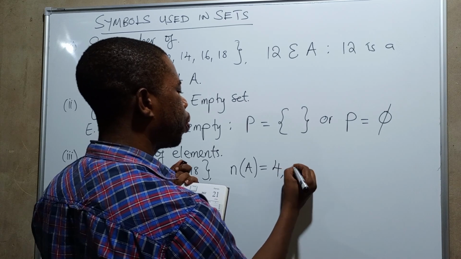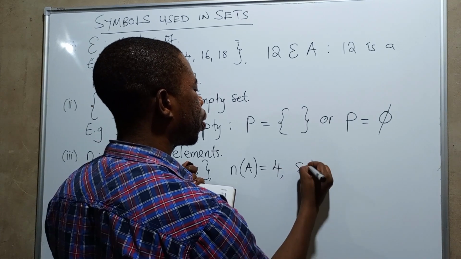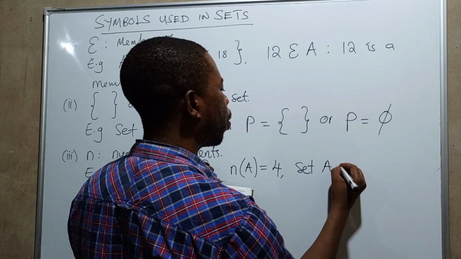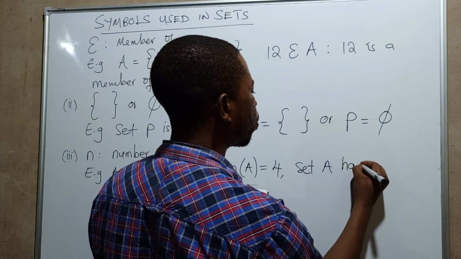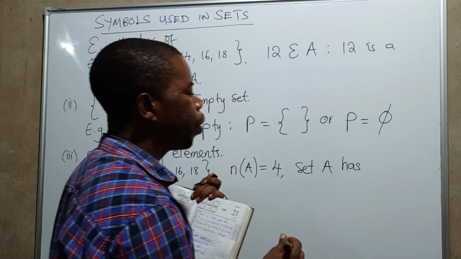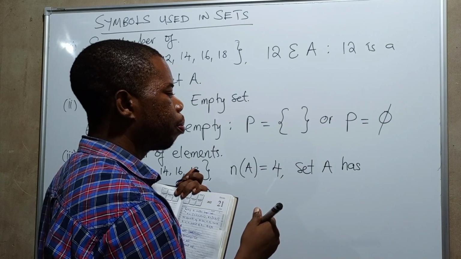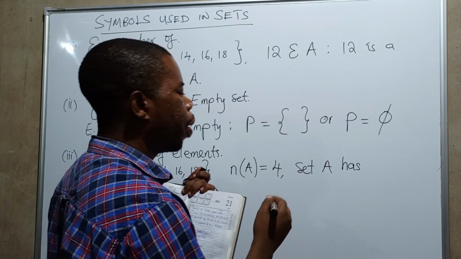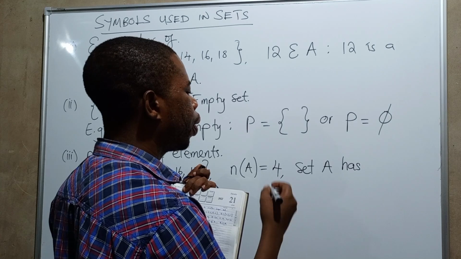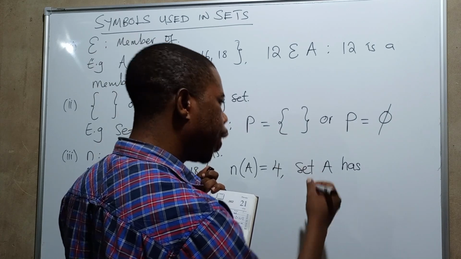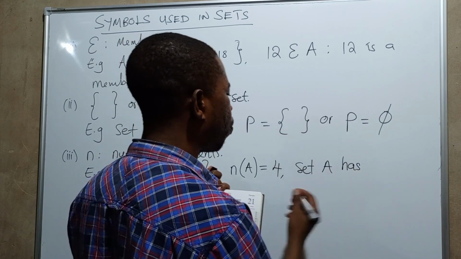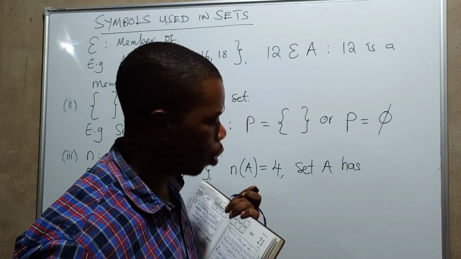This reads set A has, or it can read as the number of elements in set A is 4. So let me put it in this way.